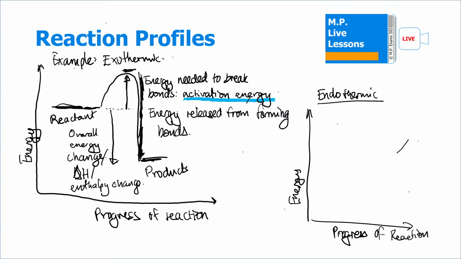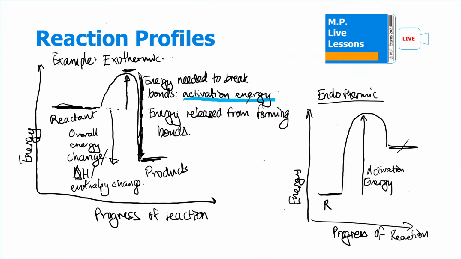This time, we need energy to be absorbed, so the chemical energy store of the chemicals increases, so the reactant line is actually lower. It still rises up, but reaches here. So this massive upward arrow is the activation energy. That's the energy needed to break the bonds, whereas this is the energy released going down.